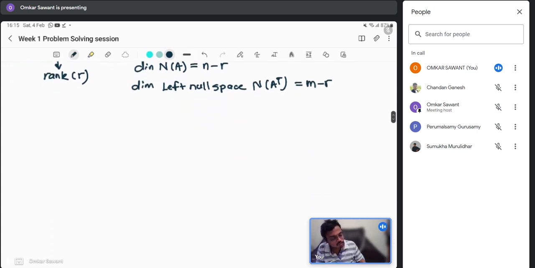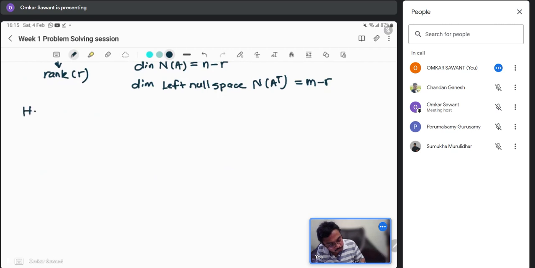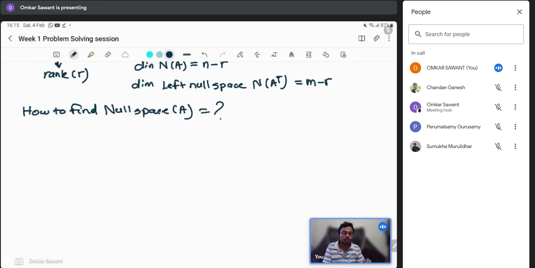Even before this, we go to some fundamental things. How to find the null space of any matrix? What do we do? If we have a matrix A and x is the vector of variables, how will you find the null space?